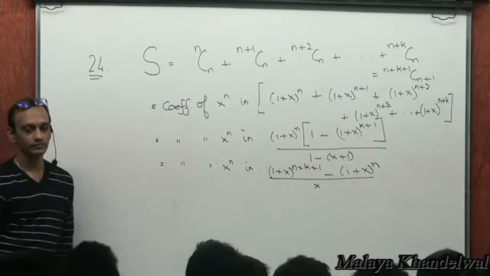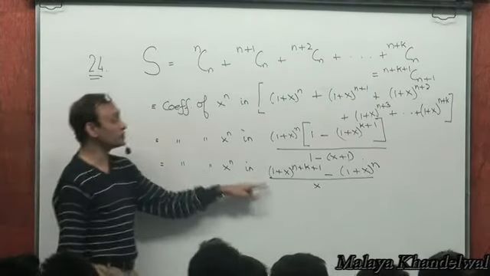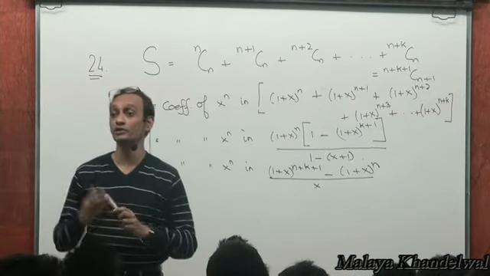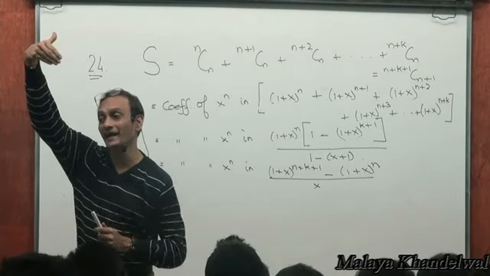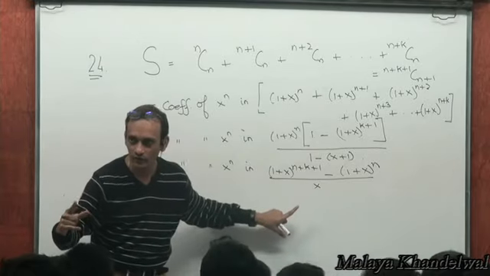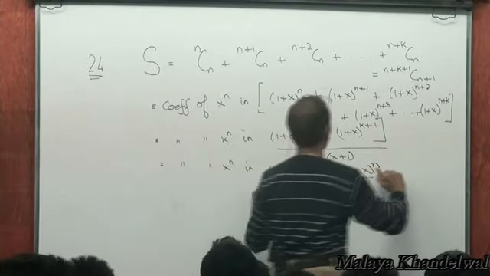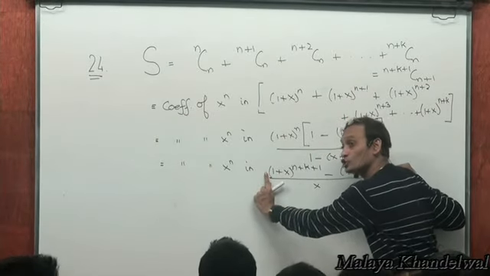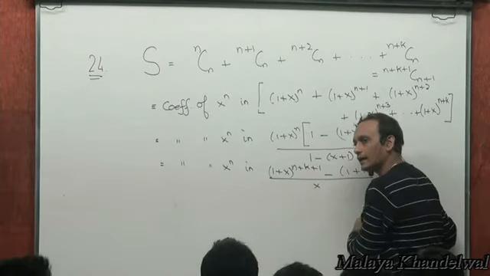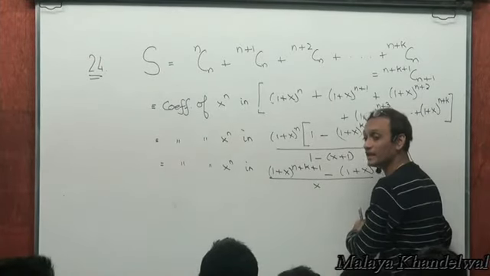So we are seeking coefficient of x power n in the ratio. That means, when will x power n appear here? When the numerator is x power n plus 1, that when divided by x will give me x power n. So essentially we are seeking coefficient of x power n plus 1 in the numerator, because that when divided by x will give me x power n.